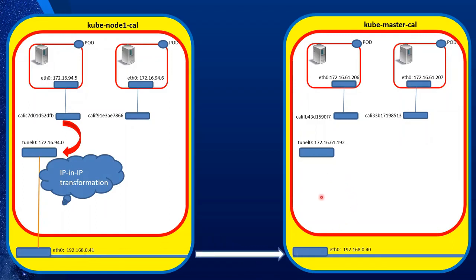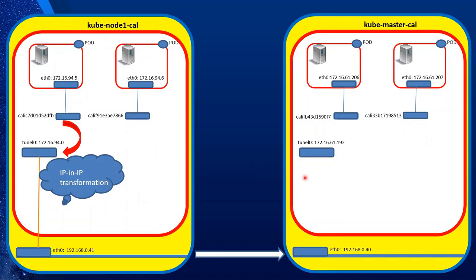Over there, it disassembles that IP information, unpacks everything, and sends the information directly to that pod. So this is an overview. Next, we are going to explore what happens as the information is sent between them and how IP-in-IP and the whole encapsulation works.